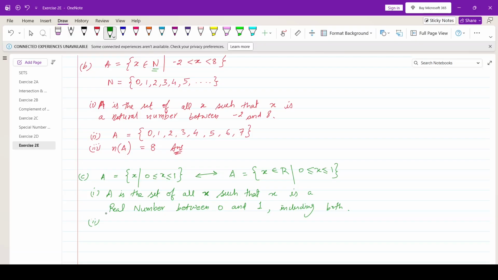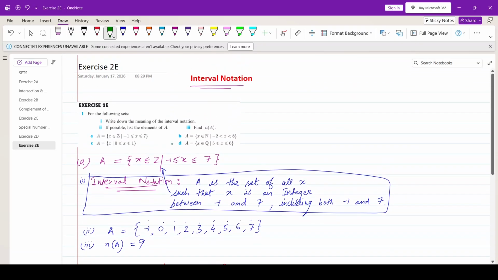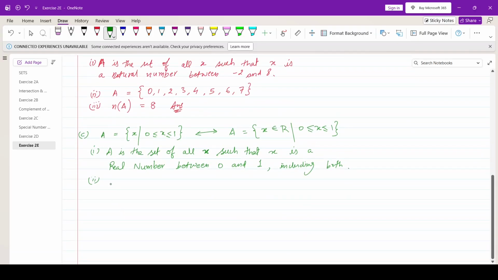Now, part 2 says, if possible, list the elements of A. Now, here, what are real numbers? Real numbers are those numbers which can be written in decimal forms. So, between 0 and 1, how many real numbers are there? We know 0.00001 is a real number. We know 0.00035 is a real number. We also know 0.015 is a real number. We know 0.15 is also a real number.